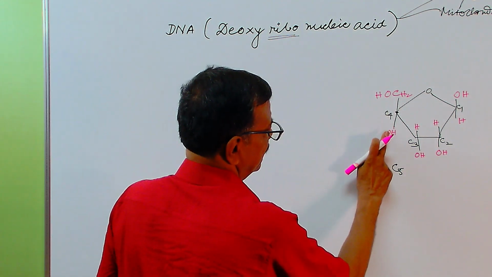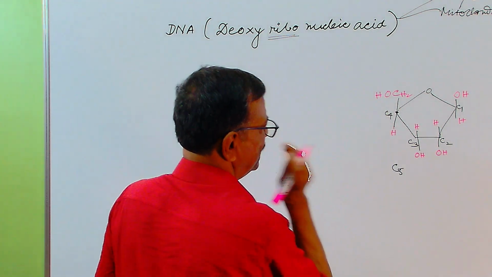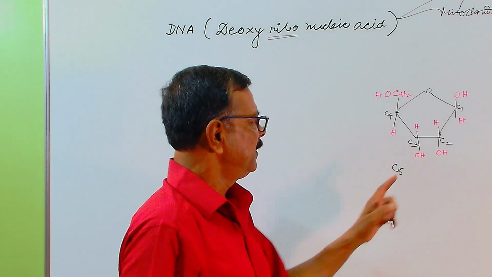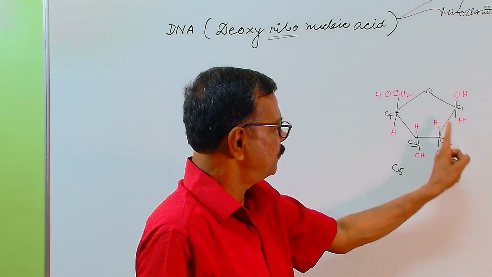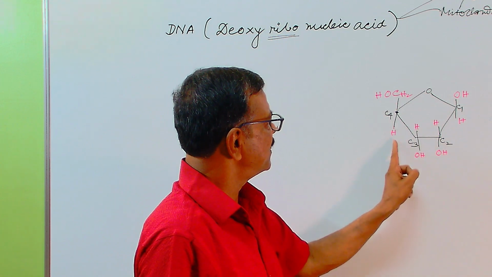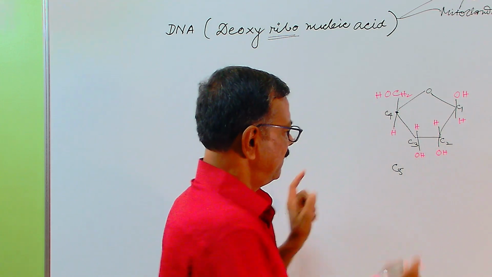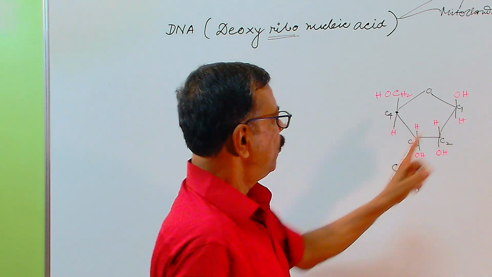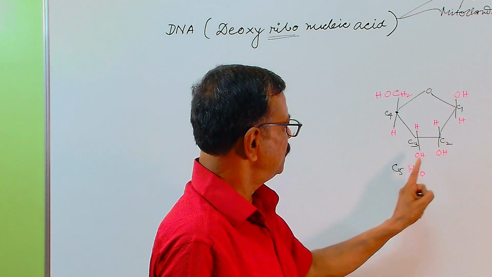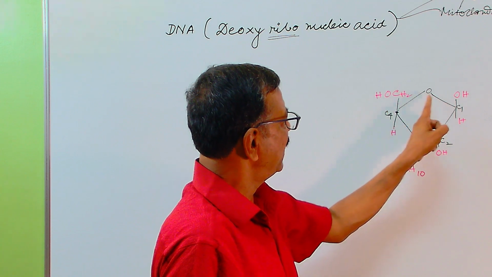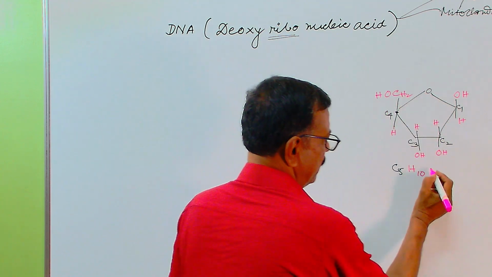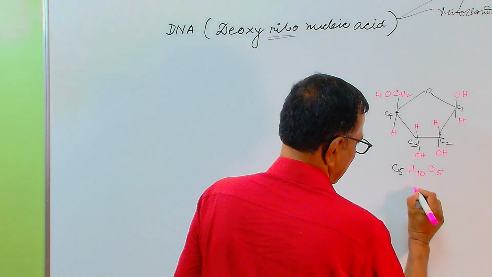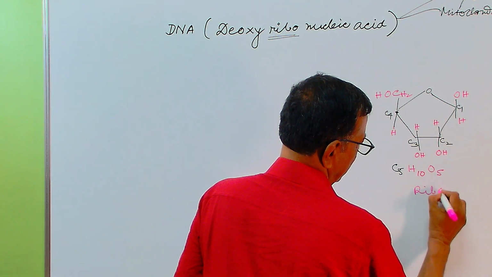This is H. This is H. This is C5H10, 1, 2, 3, 4, 5, 6, 7, 8, 9, 10, O5. This is known as ribose sugar.